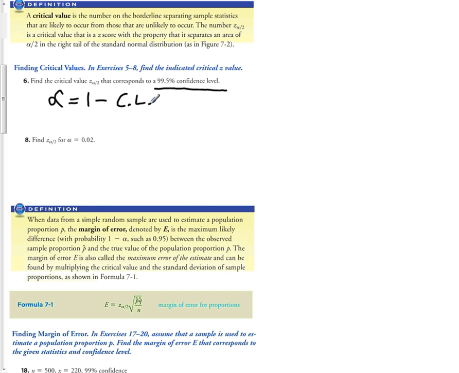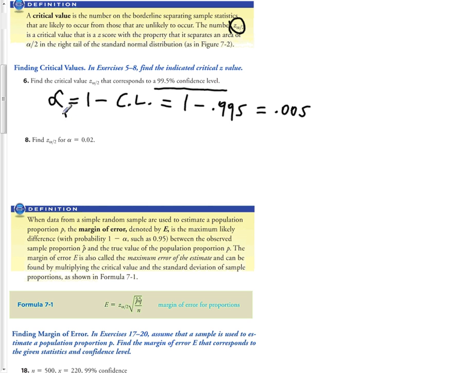So 1 minus the confidence level is going to be 1 minus 0.995, or 0.005. Now, that's not actually what we need, because notice this is the z of alpha over 2. So I need to know what alpha over 2 is, not what alpha is.